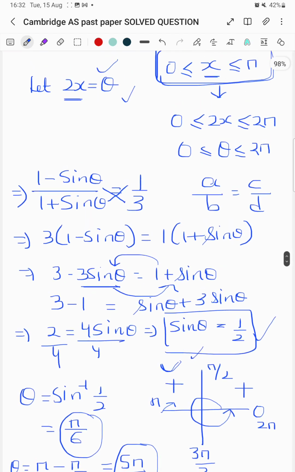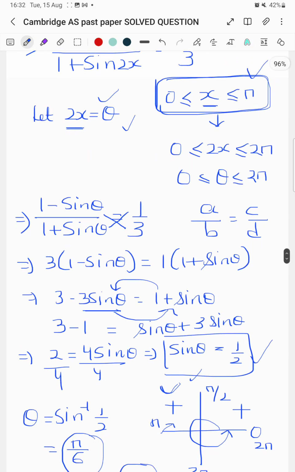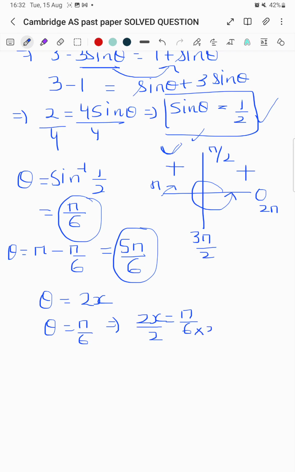But the question is in the form of x, so now we have to find the values of x. We assumed that theta equals 2x. So when theta is pi over 6, 2x equals pi over 6, and to find x, I divide both sides by 2.